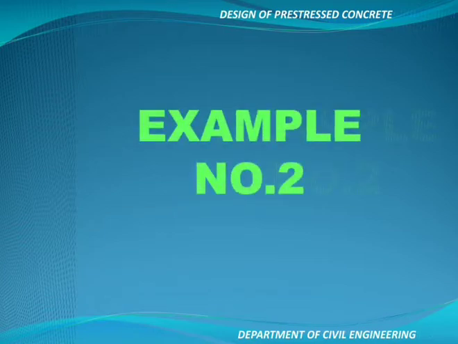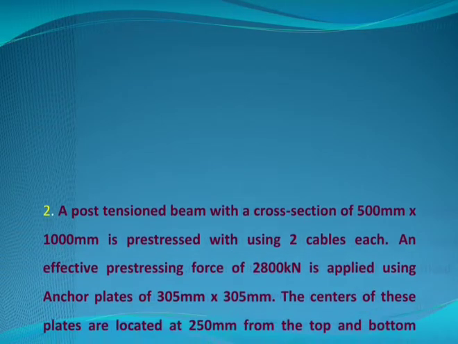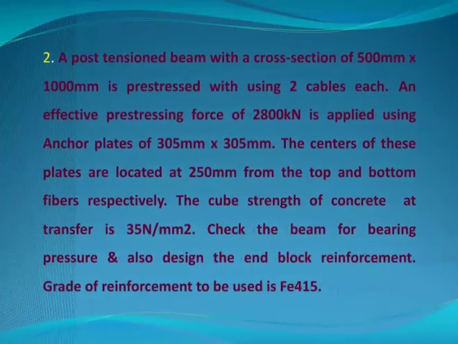So in today's lecture, we'll go ahead with example number 2. In this example, we have a post tension beam with a cross section of 500 by 1000, pre-stressed using 2 cables each. An effective pre-stressing force of 2800 kN is applied using anchor plates of 305 by 305 mm.